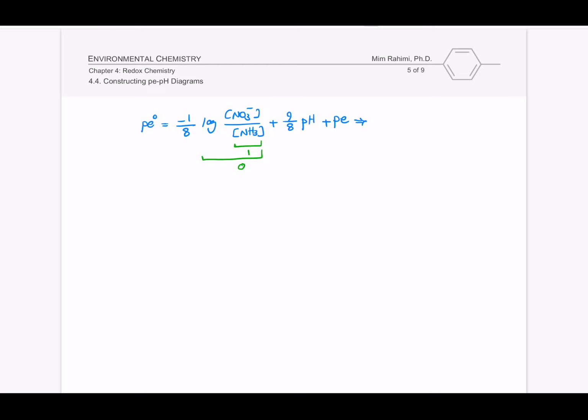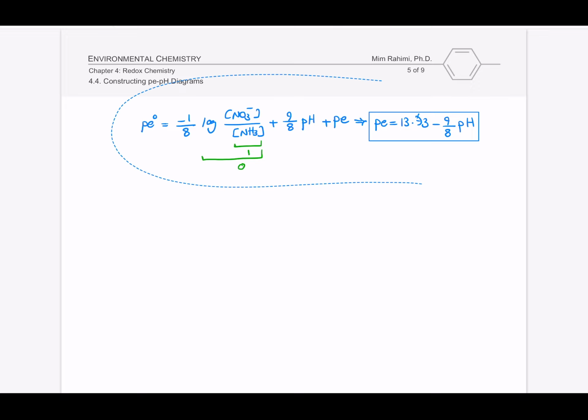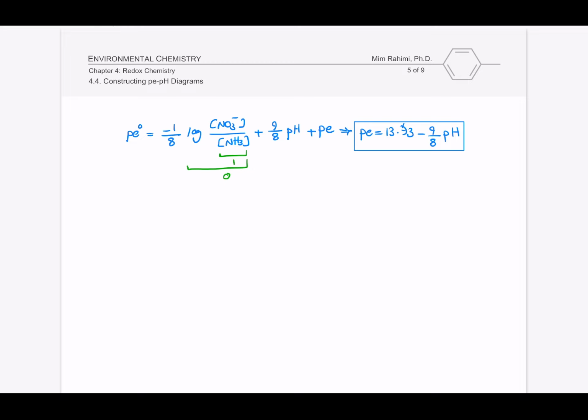So what we get is pE equal to 13.73 minus 9/8 of pH. This 13.73 is obviously pE0 corresponding to this reaction. So this would be the second line.